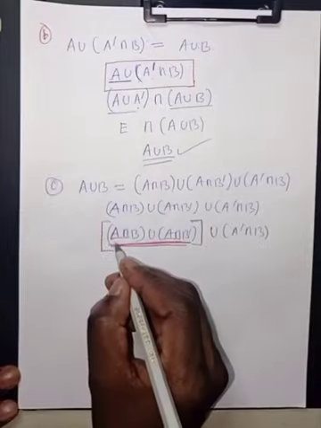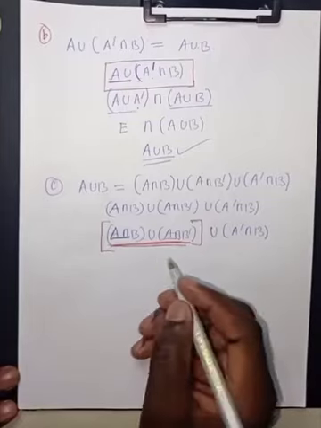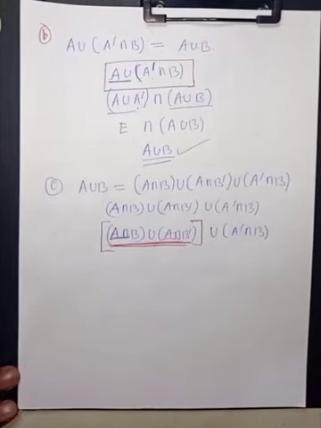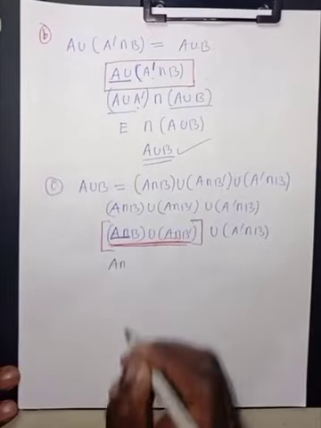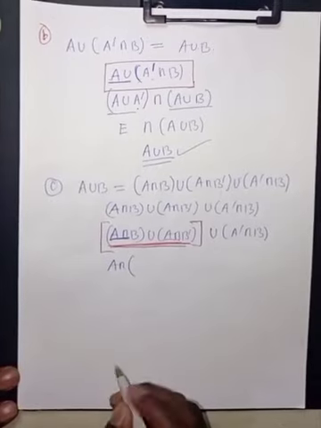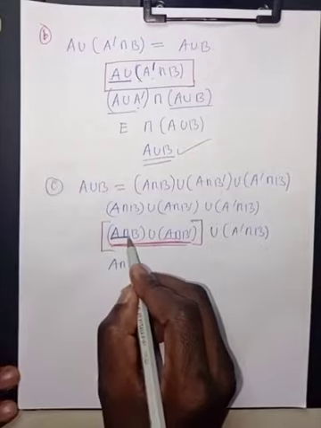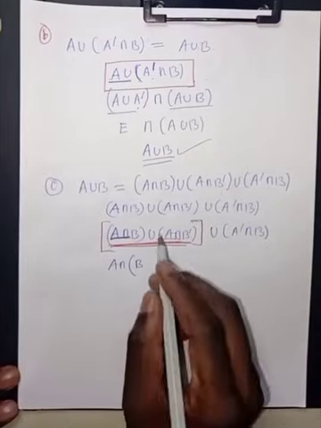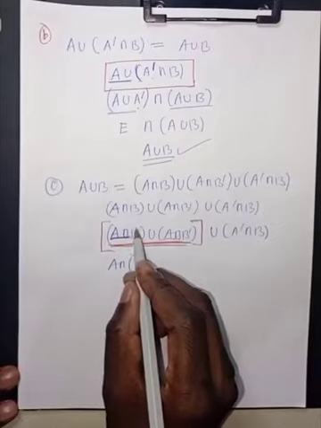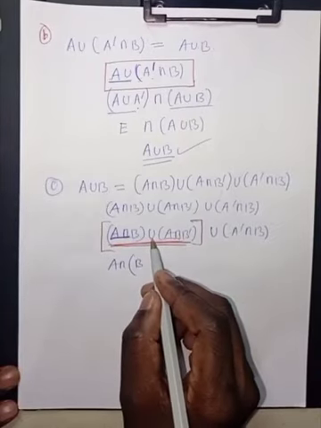So if you factorize A intersection, here what we are applying basically is distributive law. So we can factorize this, we can get A intersection outside, then you do this. If we remove A intersection here, what is left is basically B. So we're going to have B here, then the separating symbol between this segment and this segment is the union.